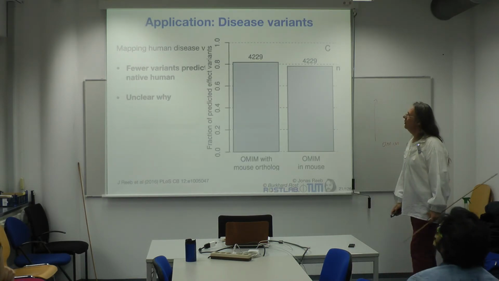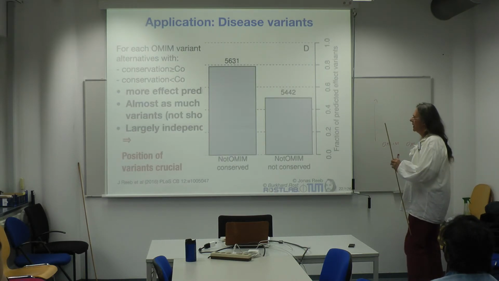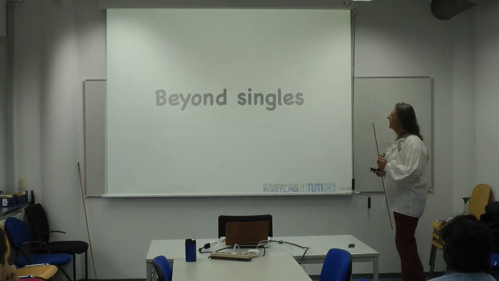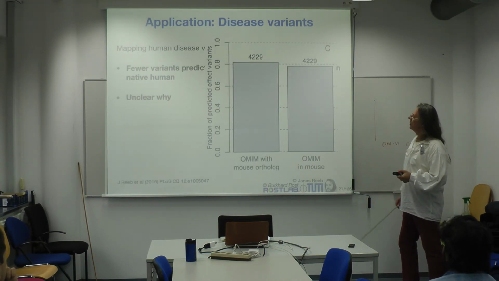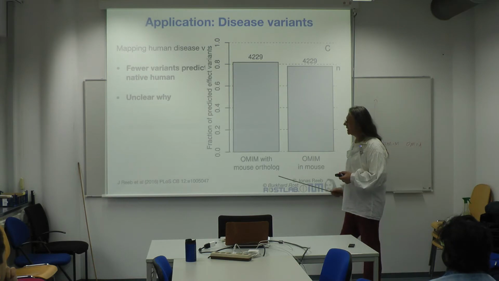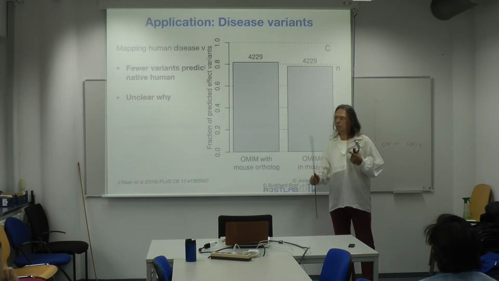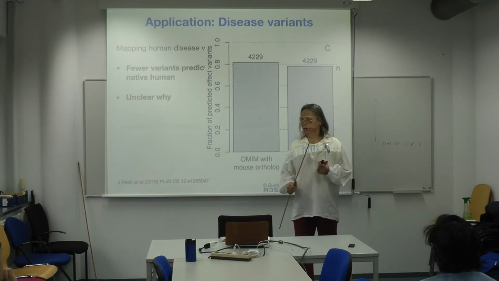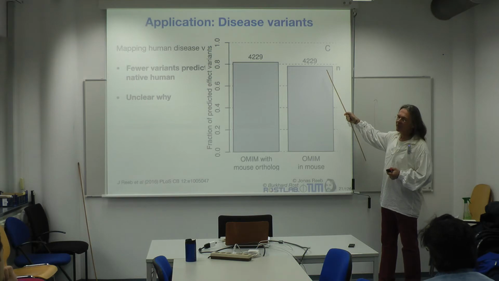Then we can actually go and do the, I should have taken the other one. So we can ask, if I put the OMIM variant into mouse, this is what molecular biologists call a mouse model, as opposed to the ones where I have the same variant.